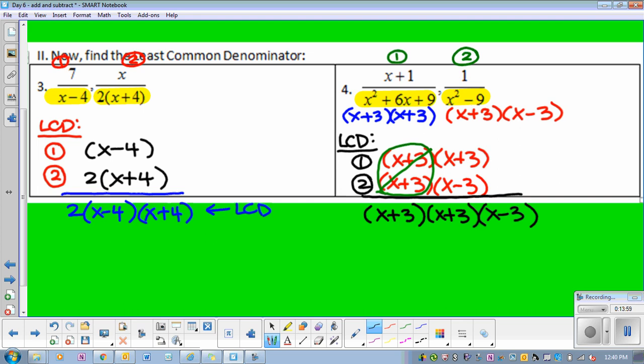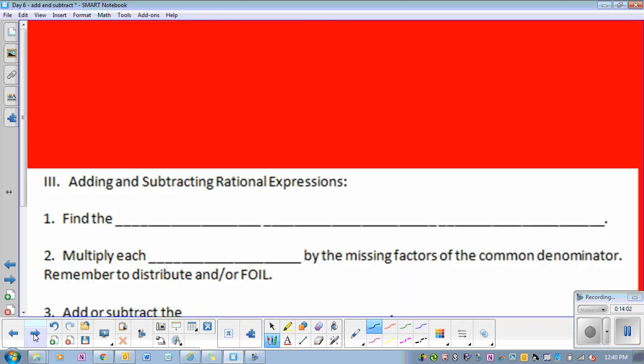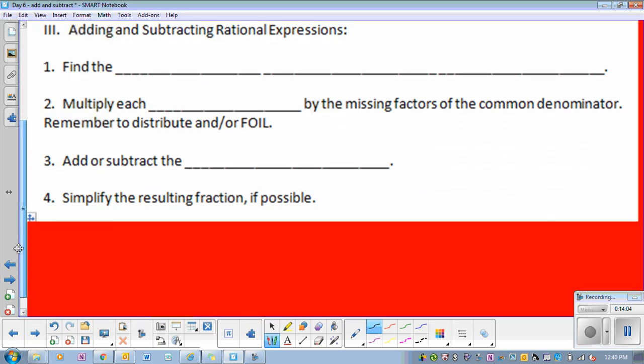Okay? All right. So let's try it with a real example. So when we go to add and subtract rational expressions, the first thing that we need to do is find the least common denominator.